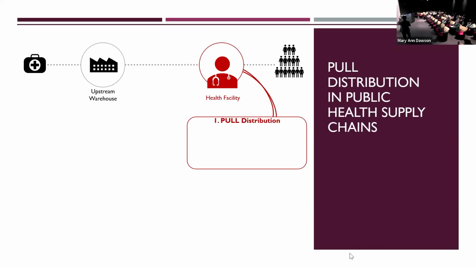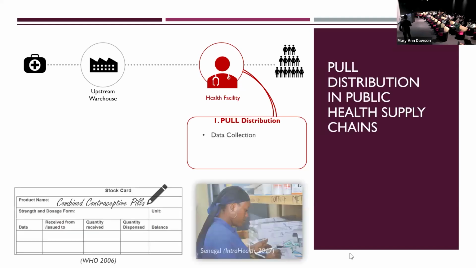Under a pull model, there is a health worker at a last mile facility, and this health worker actually performs many different roles in addition to providing care, which is their primary responsibility. Under a pull model, the same worker who provides treatment is also responsible for keeping track of inventory on these stock cards. So that's their additional responsibility.